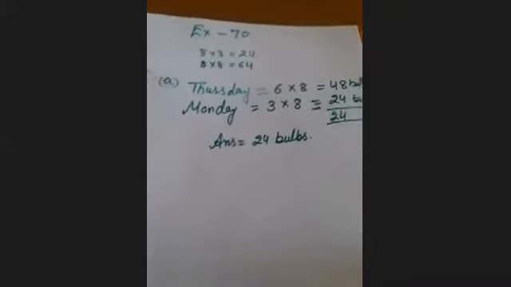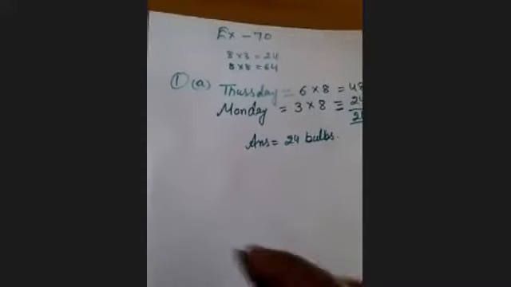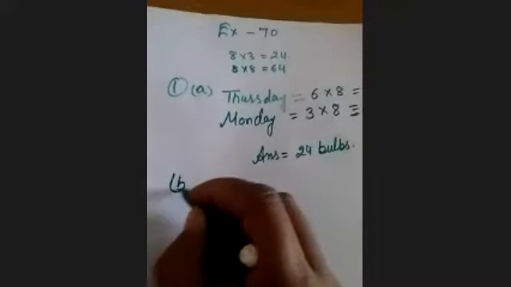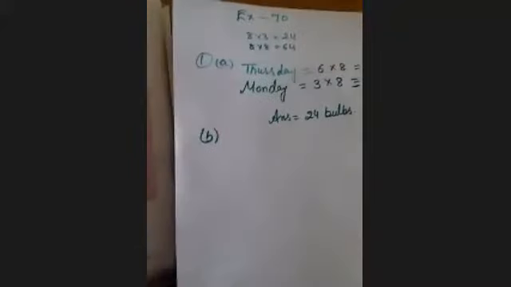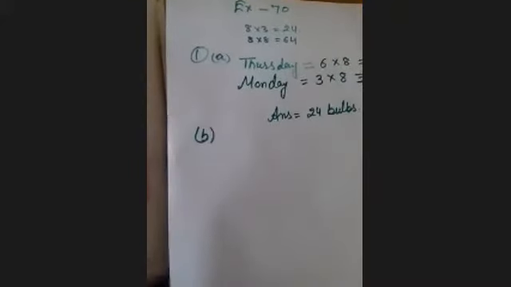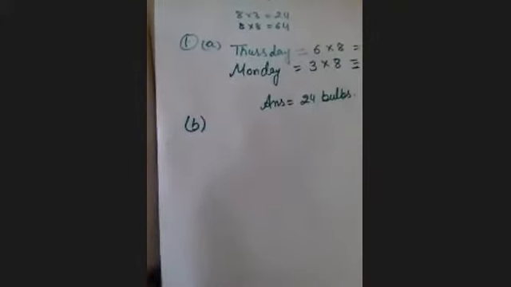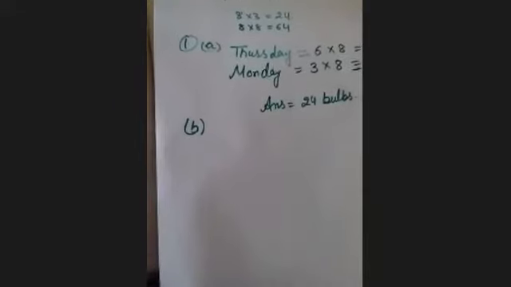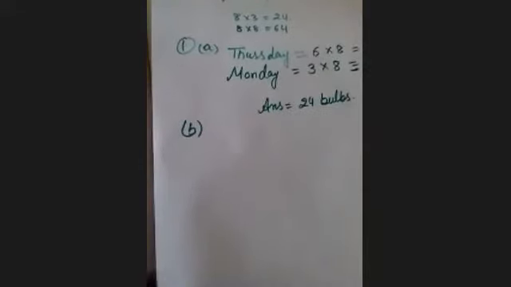Clear, students? Next is part B. On which day were the maximum number of bulbs sold?